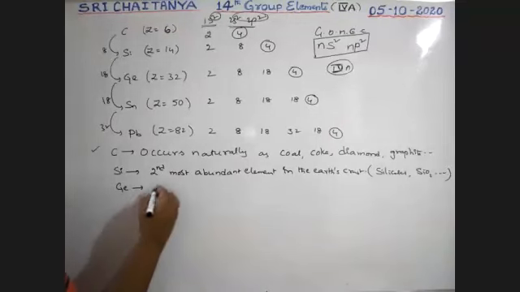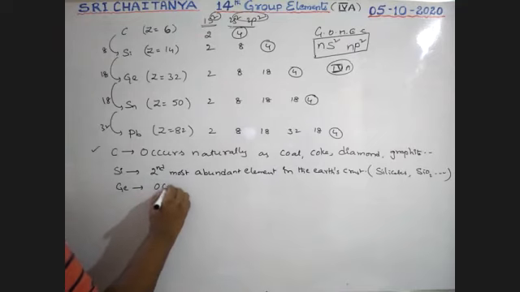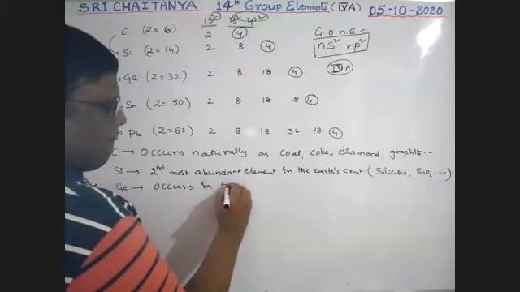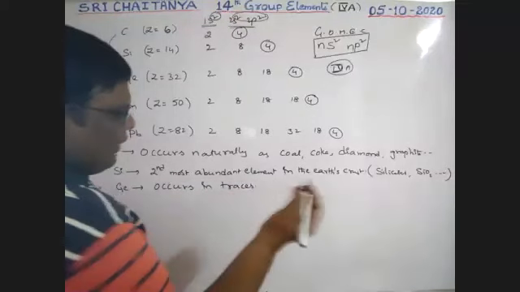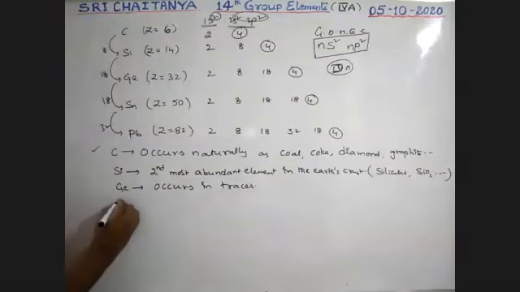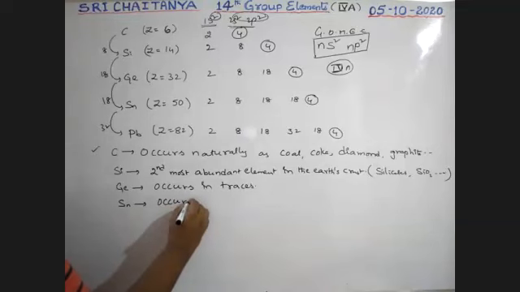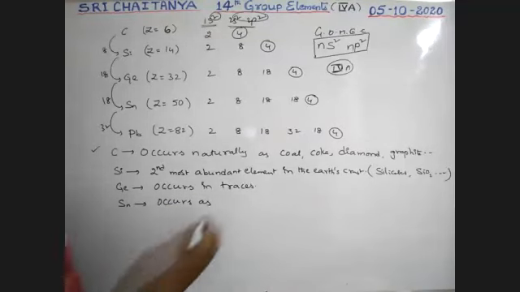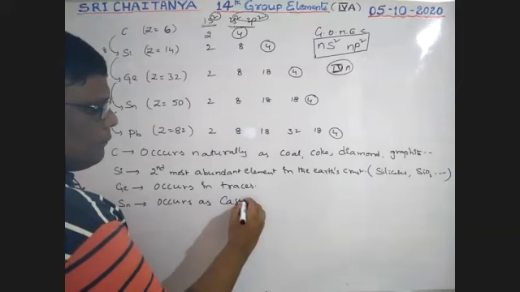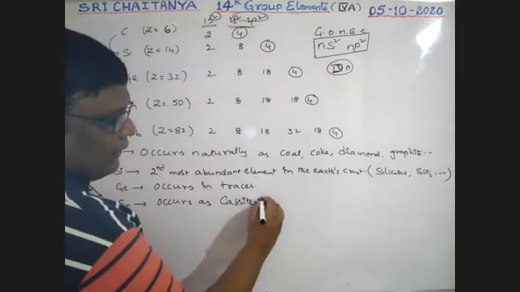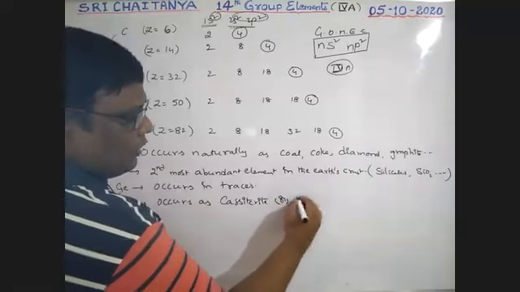Next, germanium. It occurs in traces, very little. Tin, Sn, occurs in nature as cassiterite or tinstone.